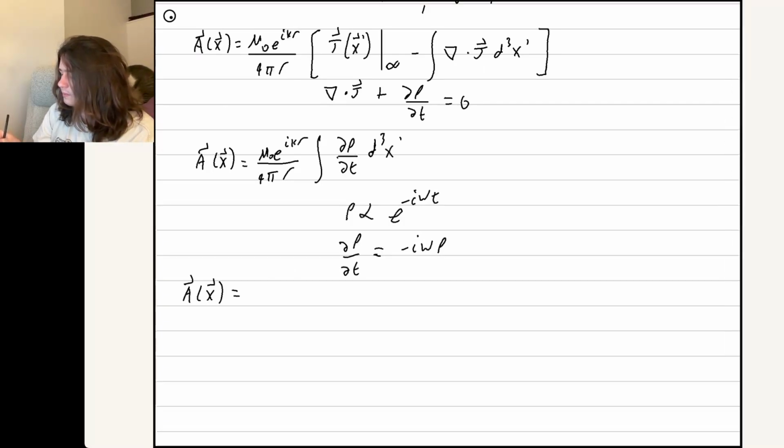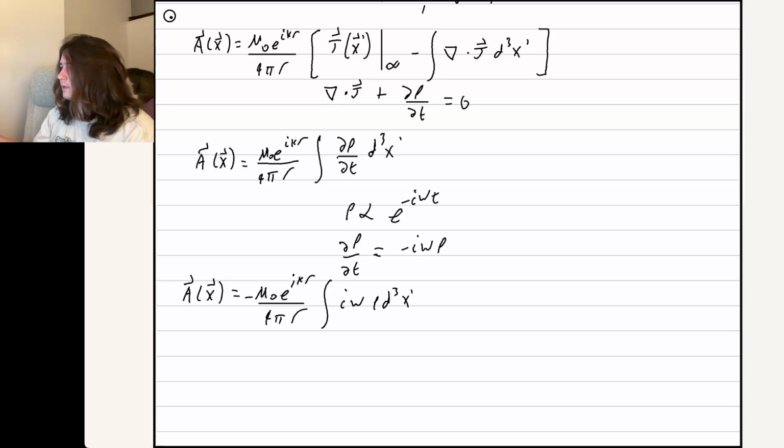Then plug this into your integral. The vector potential is mu naught e to the i k r, with 4 pi r down here, times the integral of i omega rho d3x prime.